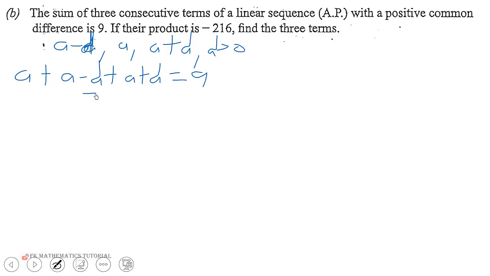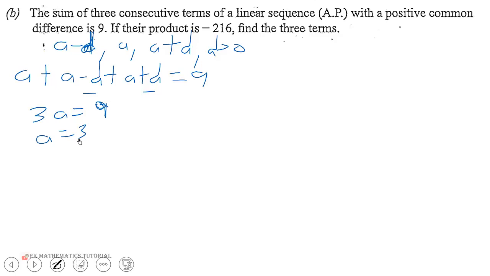So this and this will go. So this will give us 3a is equal to 9. So a is equal to 9 over 3, which is equal to 3.